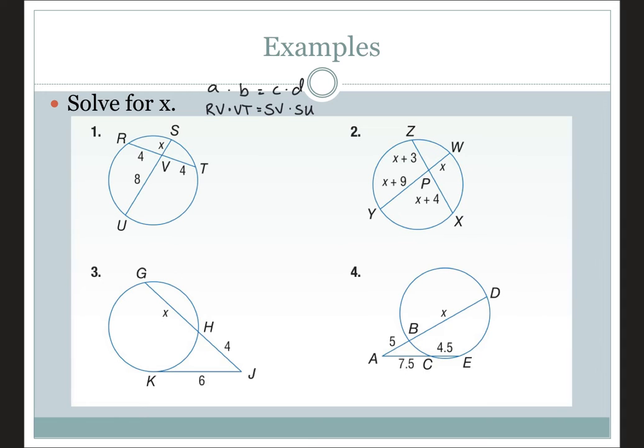What you're really doing is multiplying the segment lengths together. So this segment length times this segment length, this segment length times this one. And then we're going to solve for it.